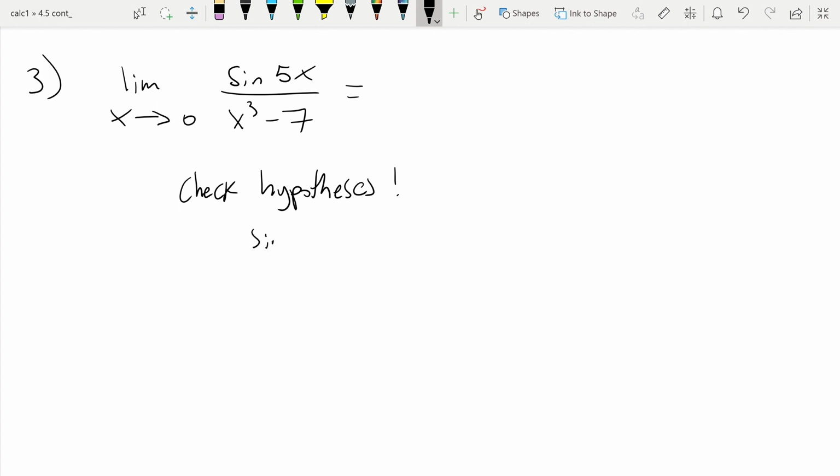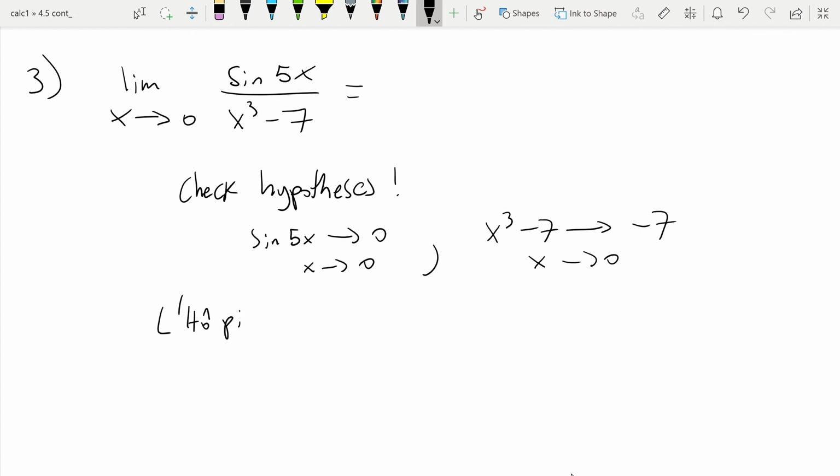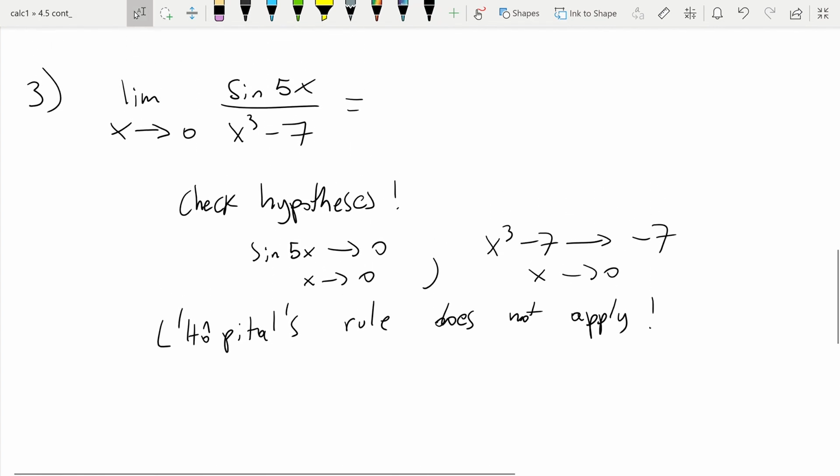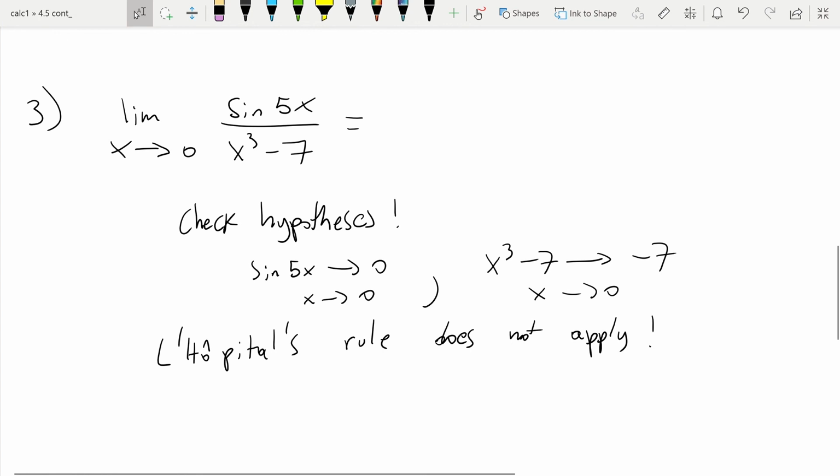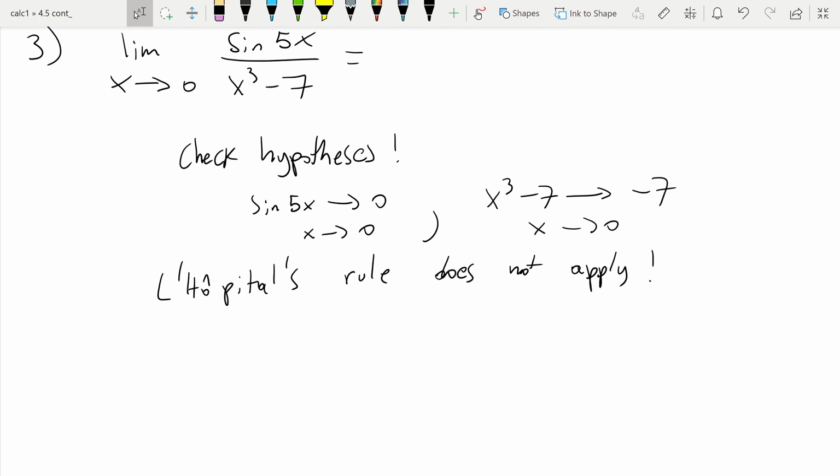So sine of 5x approaches 0 as x approaches 0, but x cubed minus 7 is approaching minus 7 as x approaches 0. So L'Hopital's rule does not apply. Right? Because even though the numerator is approaching 0, the denominator isn't.